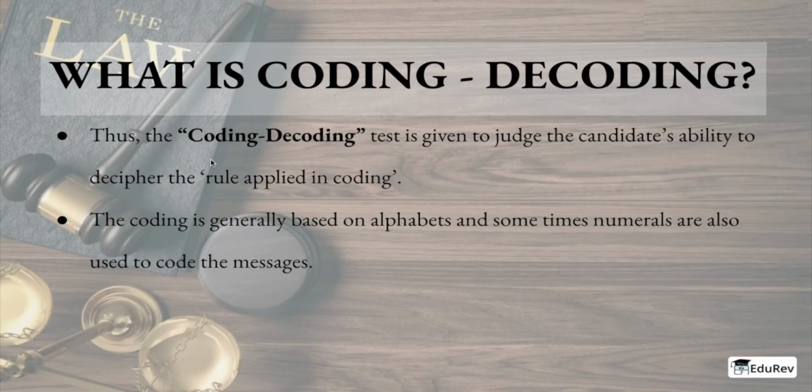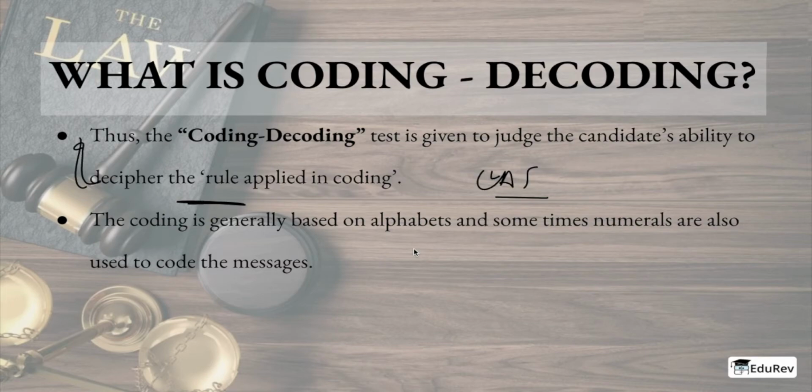Thus, the coding decoding test is given to judge the candidate's ability to decipher the rule applied in coding. And this is the reason why this topic is particularly used in CLAT. The coding is generally based on alphabets, and sometimes numerals are also used to code the messages.